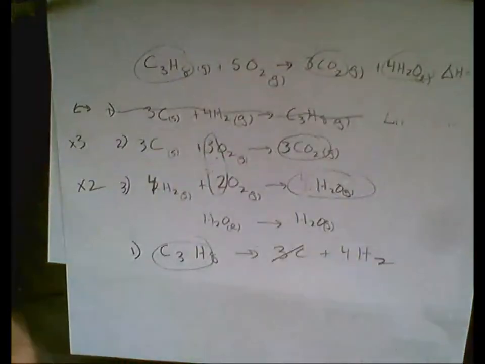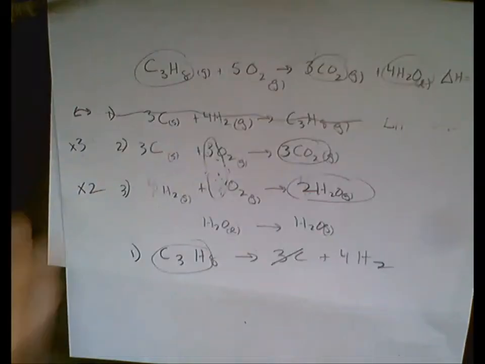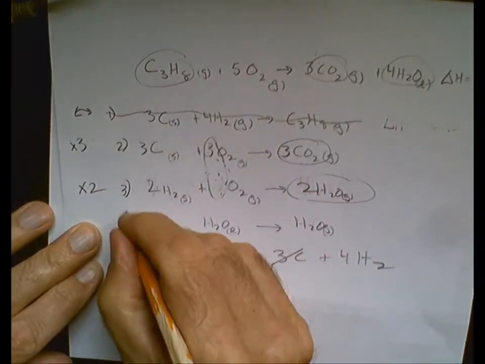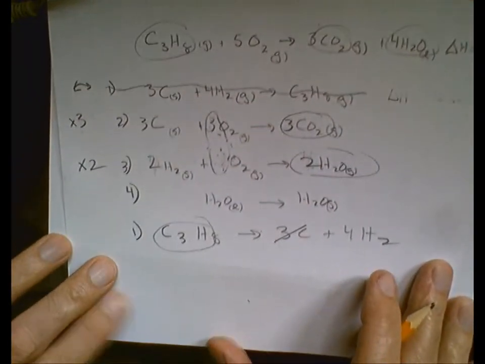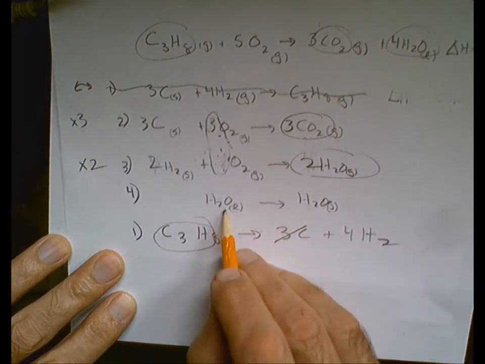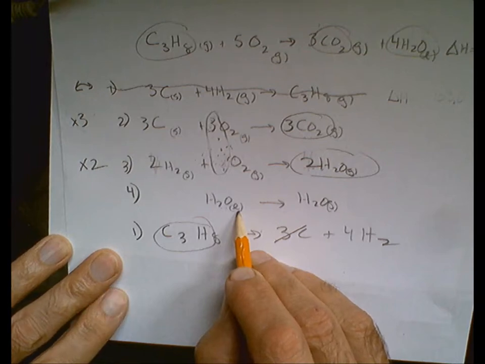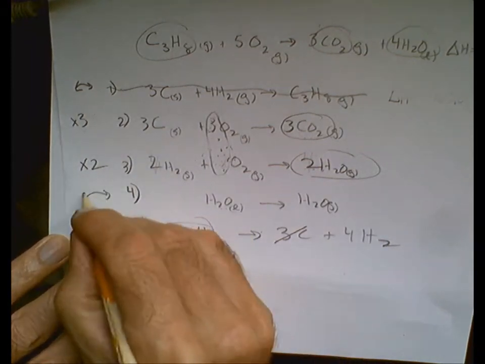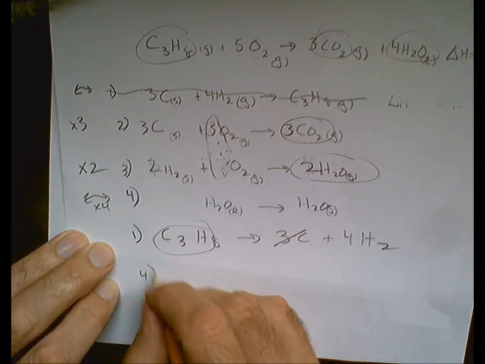So I'm going to go back. I'm going to erase all of this. There was a 4th reaction here, and I ignored that 4th reaction. What I have to do is I have to flip this and multiply by 4 because it's my H2O liquid that I need to have 4 of on the right hand side. So I'm going to flip it and I'm going to multiply by 4.